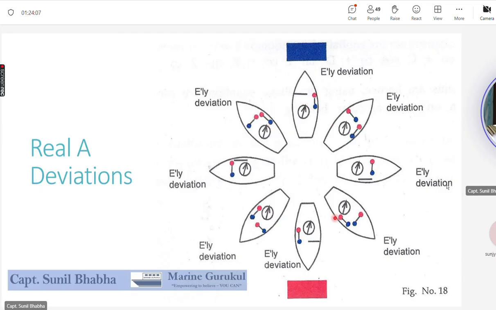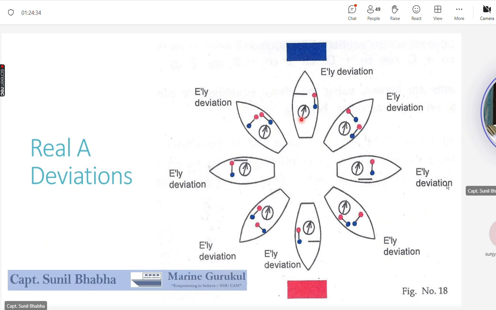So cardinal and intercardinal headings, the ship is shown on these 8 headings. And in each of these headings, we are going to analyze how these horizontal soft iron structures, an unsymmetrical pair of horizontal soft iron structures, generate the deviation which does not change.